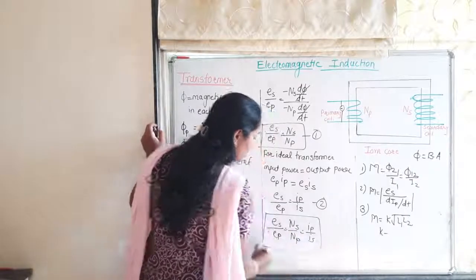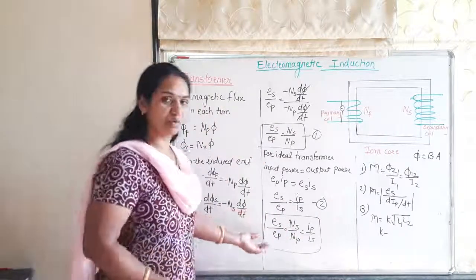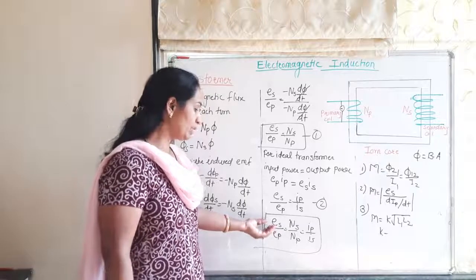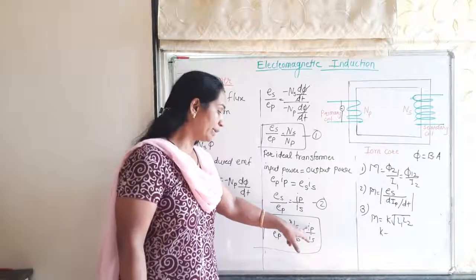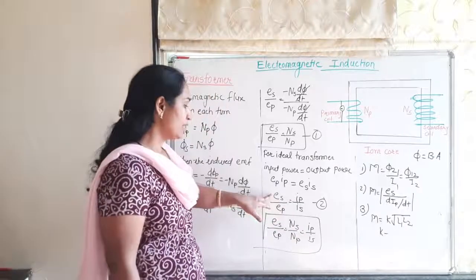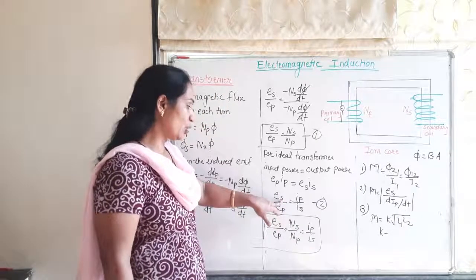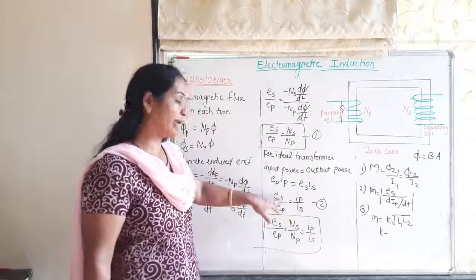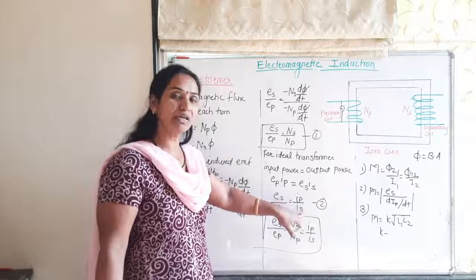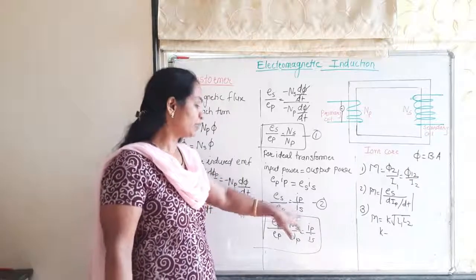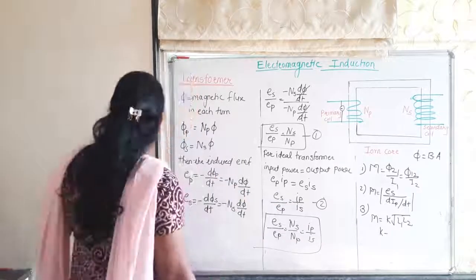This is also called the transformer equation. Here we can see that Es upon Ep is equal to Ip upon Is, which means the EMF in the secondary coil is inversely proportional to the current in the secondary coil.